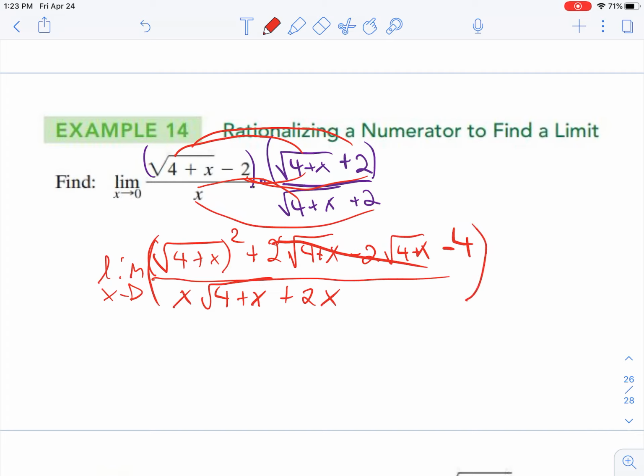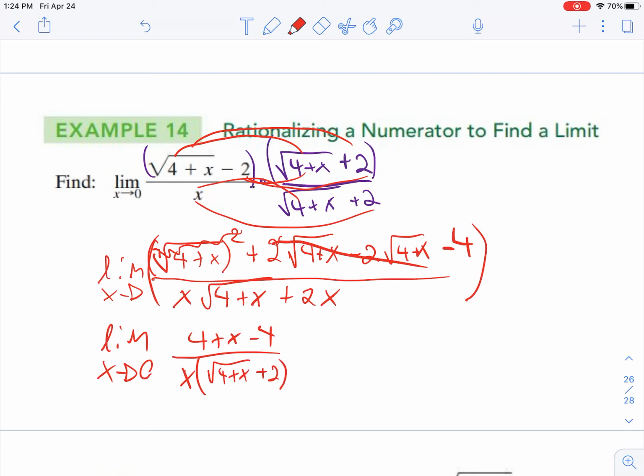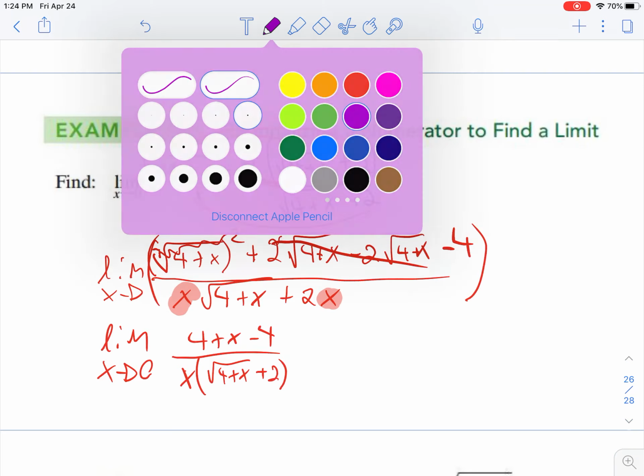When we do this, our square root's going to cancel here, and we're going to be left with the limit as x approaches 0 of 4 plus x minus 4 all over... I'm going to go ahead and distribute this x back out in the denominator. So we're going to have x times the square root of 4 plus x plus 2. All I did here is I took the x's and factored them out to the very front.